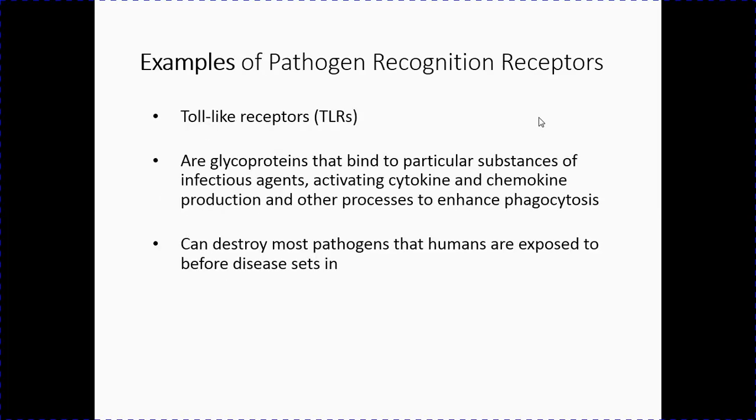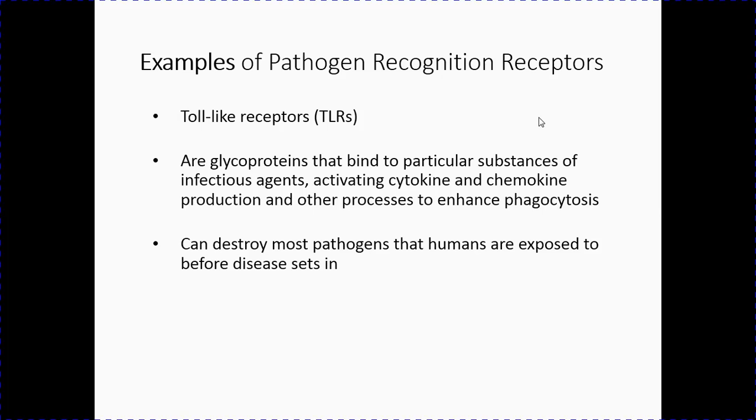So we're going to do all those things to enhance phagocytosis. And it's because that phagocyte has recognized that pathogen as non-self and it needs to be destroyed. This process can destroy most pathogens that humans get exposed to before the disease is allowed to set in, before the microbe is allowed to kind of colonize the human host.